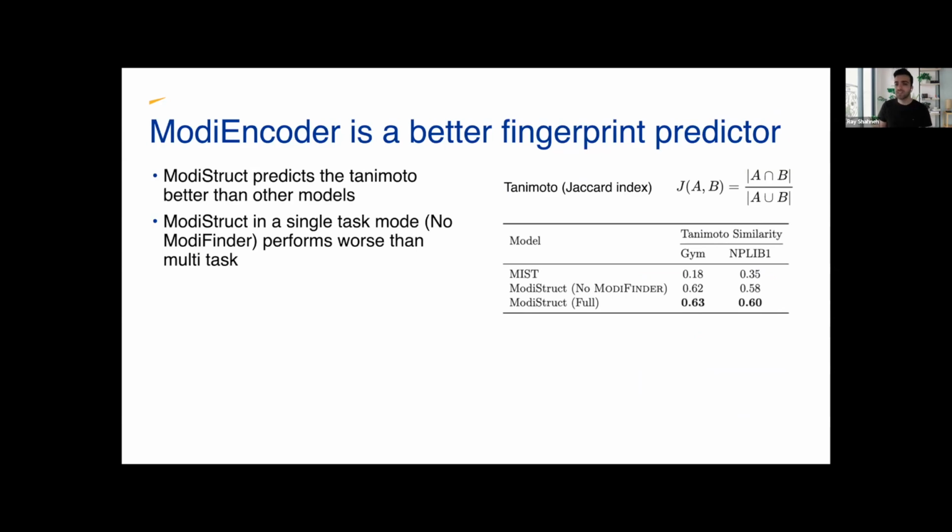So even though we don't necessarily need the modification sites for the final result, we can just pass the fingerprint, which is information we can gather from the spectrum, and predict the fingerprint and then use that to predict the final molecule. We see that if we also try to predict the modification sites, then we get a better performance even in predicting the fingerprints.